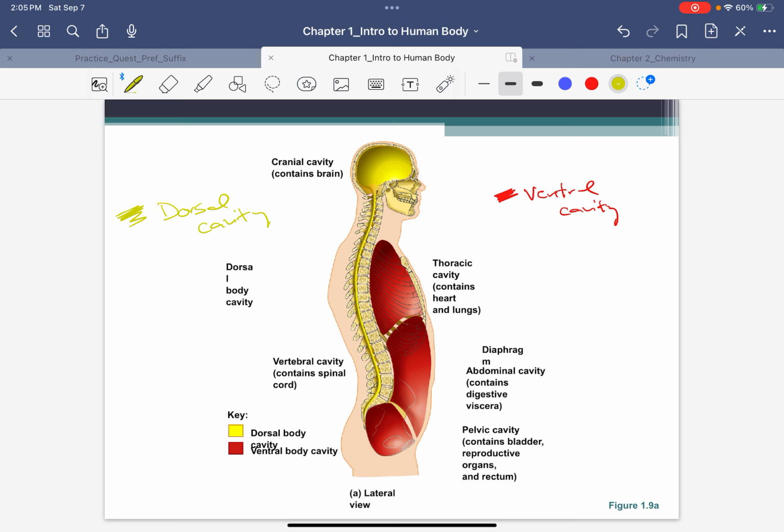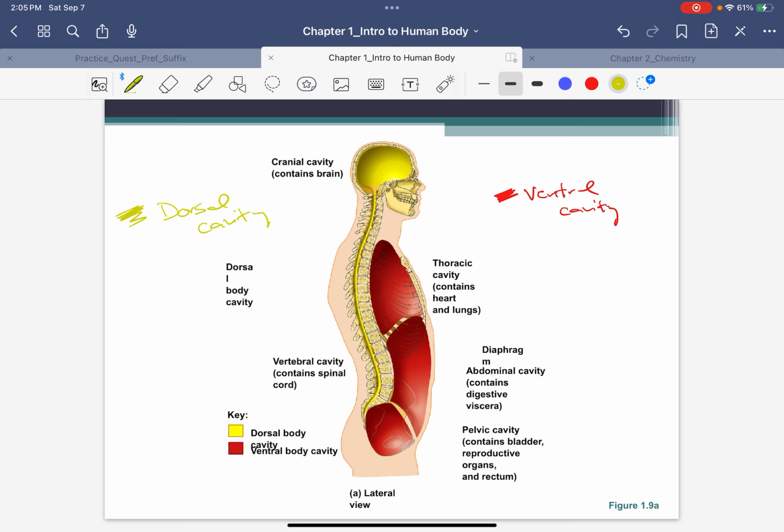So there's 2 main benefits. One benefit is that we want to house organs that work together near each other. Wouldn't it make sense to put the heart and lungs in the same cavity? Because they work together. So this helps us to put organs that work together in the same region.